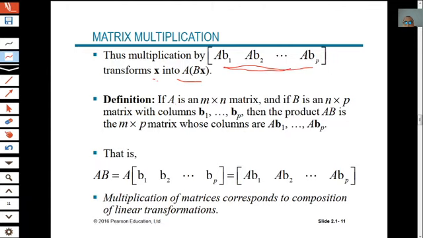If A is an m by n matrix and B is an n by p matrix with columns b1 up to bp, then the product is an m by p matrix whose columns are written here. We have p columns and m rows.